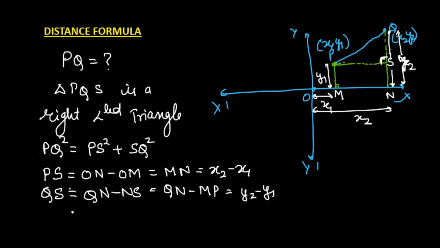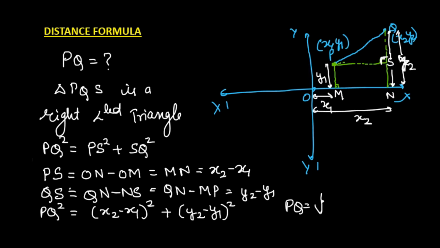Okay. So PQ square will be equal to x2 minus x1 whole square, which is the PS square, plus SQ square, which is y2 minus y1 the whole square. And therefore, the distance PQ is equal to the square root of the square of the difference of the x coordinates of the two points plus the square of the difference of the y coordinates of the two points.